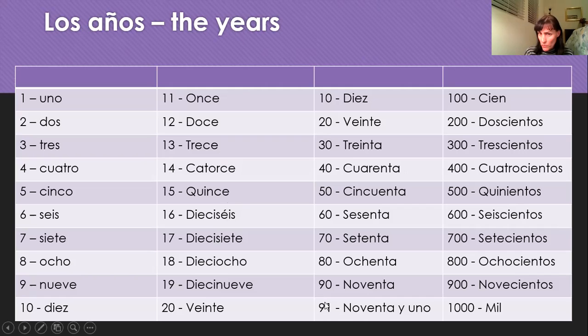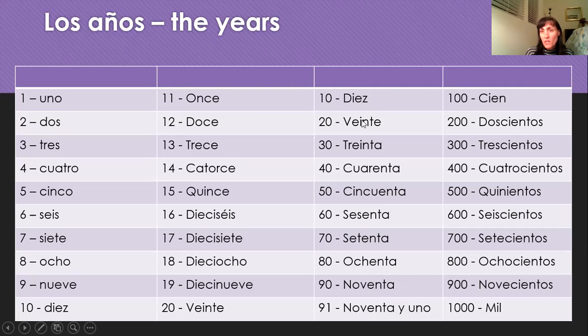So here is a column with just the tens. 10, 20, 30, 40, 50, 60, 70, 80, 90. And then if you want to say 91, it would be just 90 and 1. 91, 92, 93.